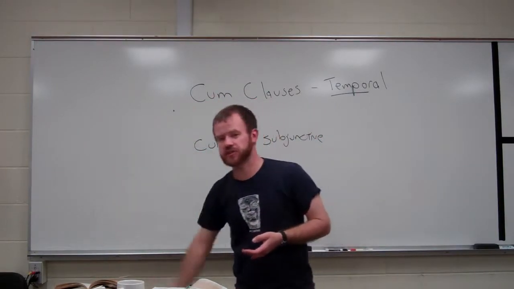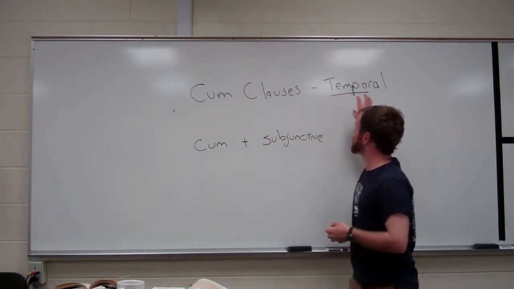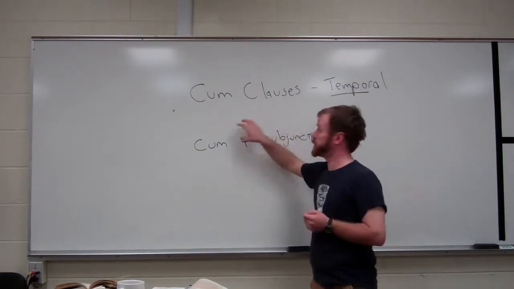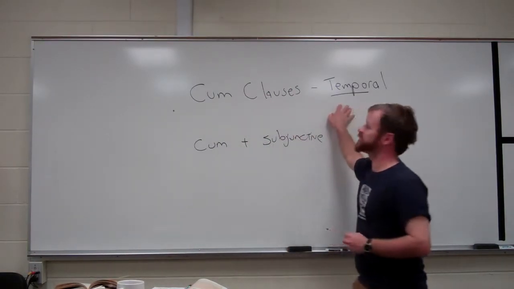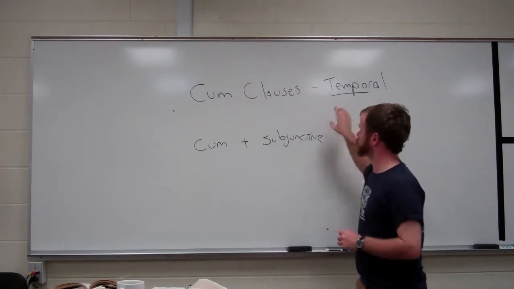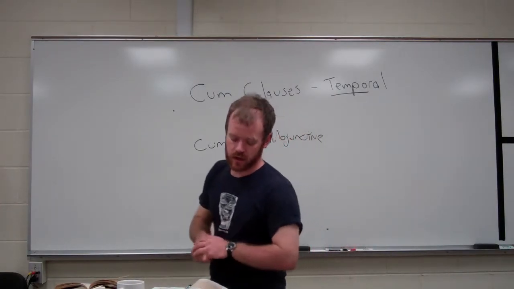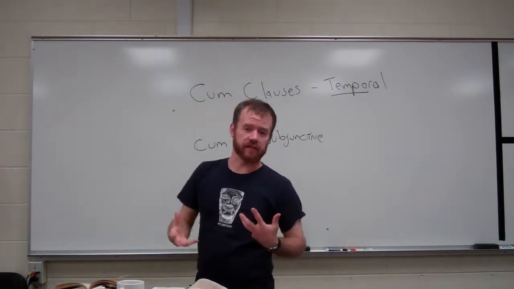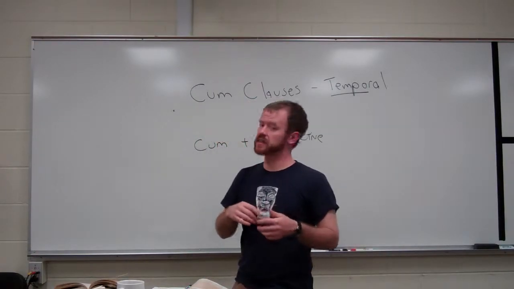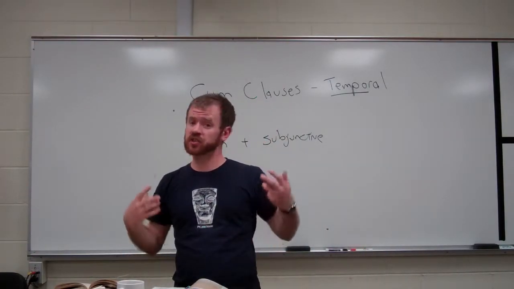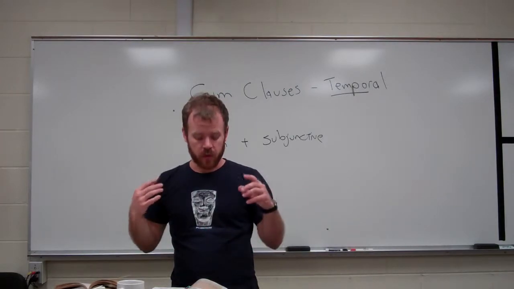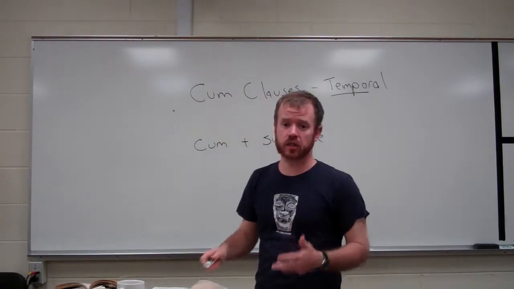Because of this, such and such happened. But right now we're dealing with temporal ideas. Alright? So the cum clause is specifically known as a cum temporal clause. And so you have a cum, you have a subjunctive in the sentence, it gets translated into English and it sounds pretty regular. You just have to make sure you translate the cum correctly.